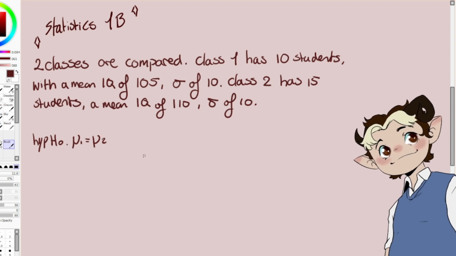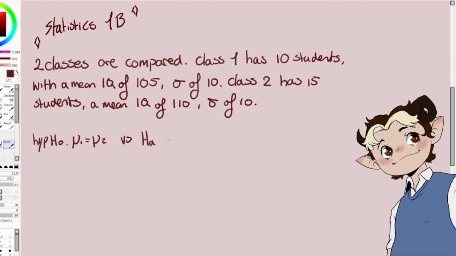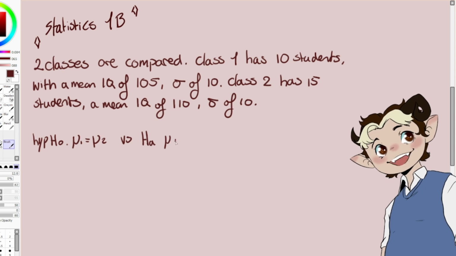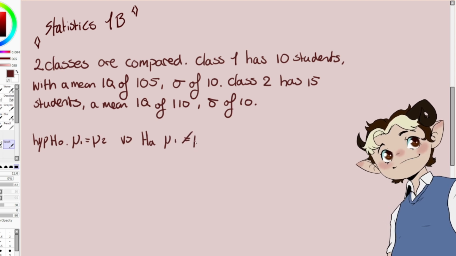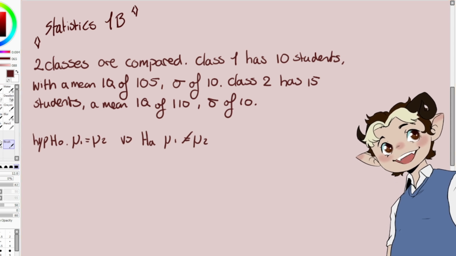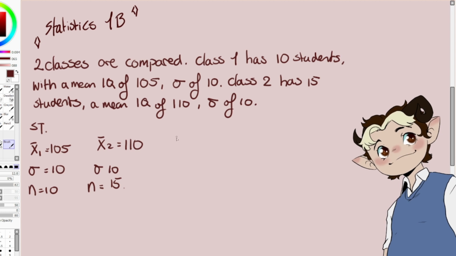They're the same population, they're generally the same. Versus the alternative hypothesis of saying, I think that mu 1 isn't mu 2. That is our hypothesis. Now we're going to plug those into our model.